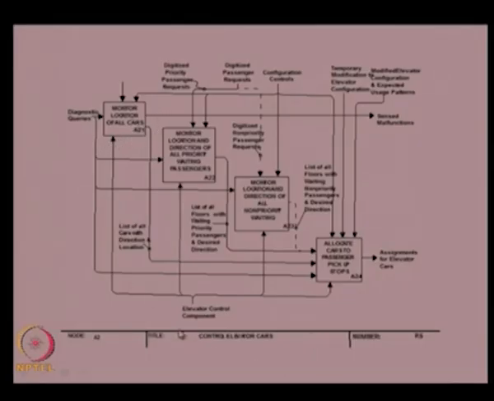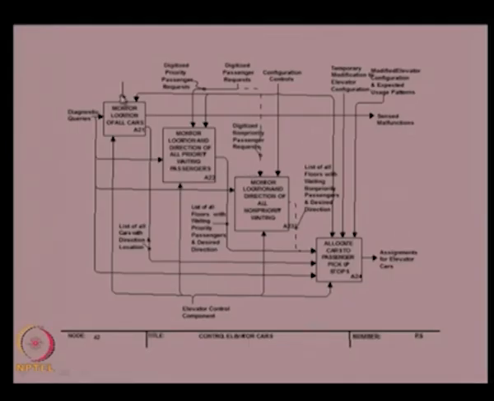In order to control the elevator cars we need to monitor the location of all cars, monitor the location and direction of all priority waiting passengers, monitor the location and direction of all non-priority waiting passengers, and allocate cars to passenger pickup stops. These are the sub functions control elevator cars needs in order to satisfy its requirement.